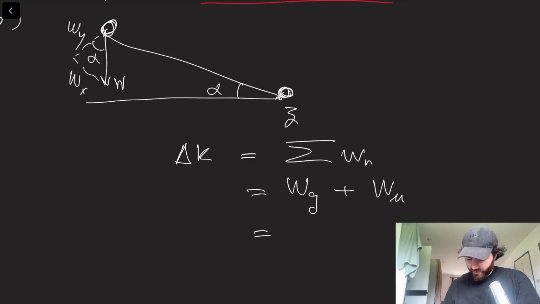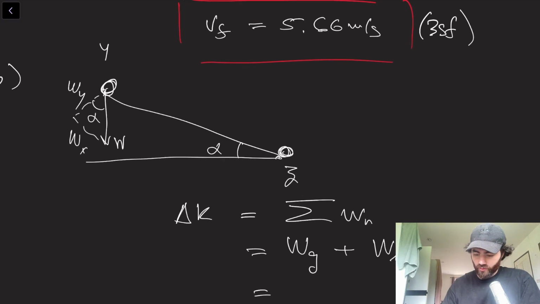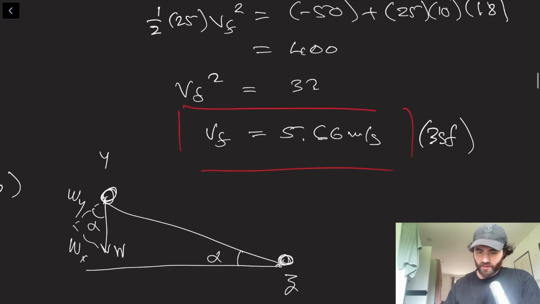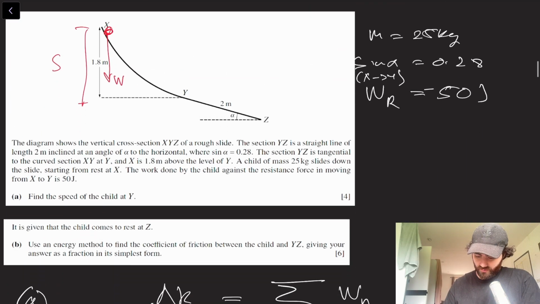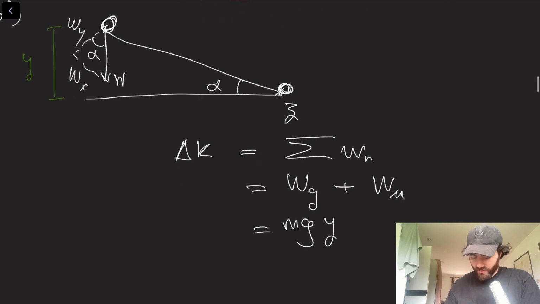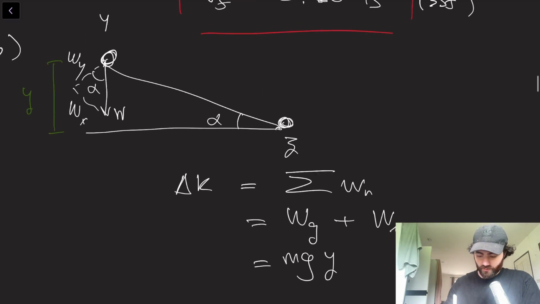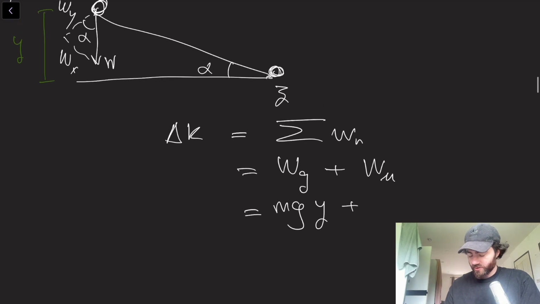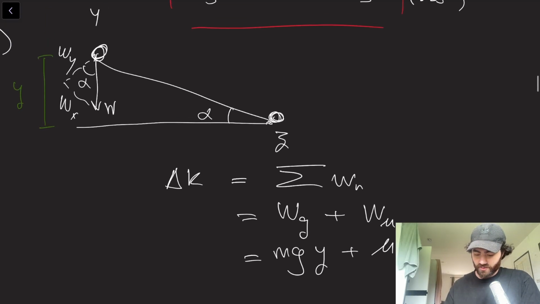What work done do we have involved here? We have the work done from the weight of the child, which is just going to be mg. We don't know alpha. So we could call this vertical distance between Y and Z, let's say, y. So this will be mg times y, plus this frictional coefficient times the normal contact force, which in this case is Wy.